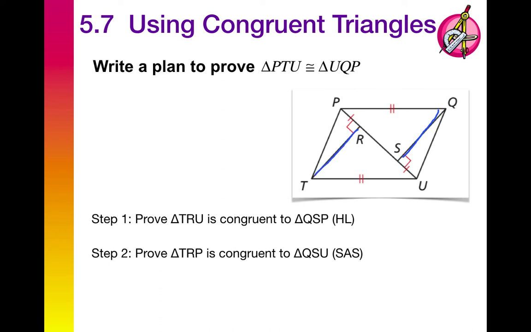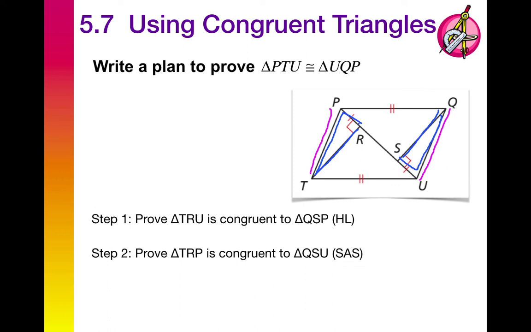Now we can go about trying to show that TPR, or TRP, which is this triangle, is congruent to this triangle over here. And we can do that through SAS. Once we have that, then we have these two sides are congruent because corresponding parts are congruent.